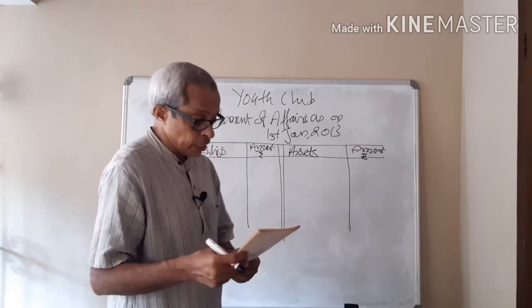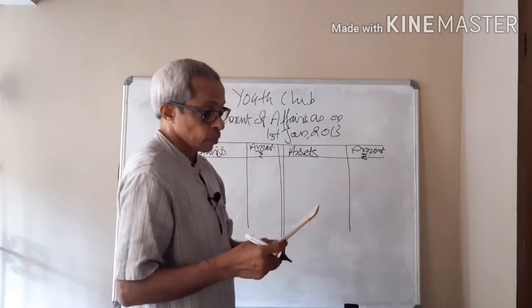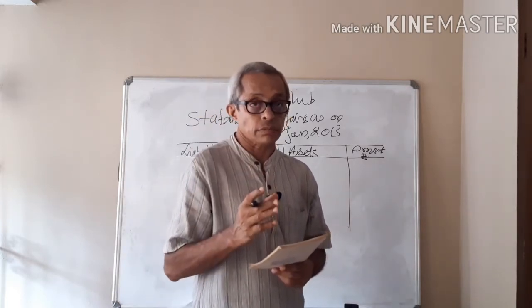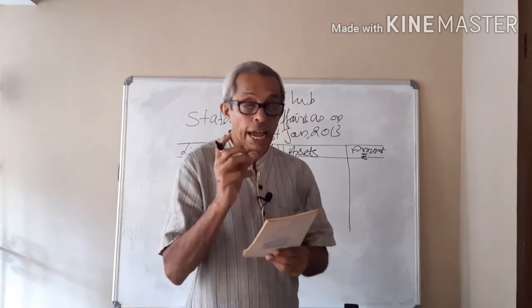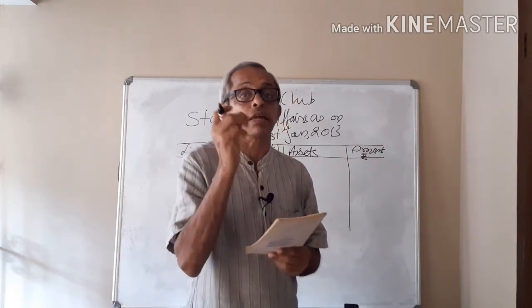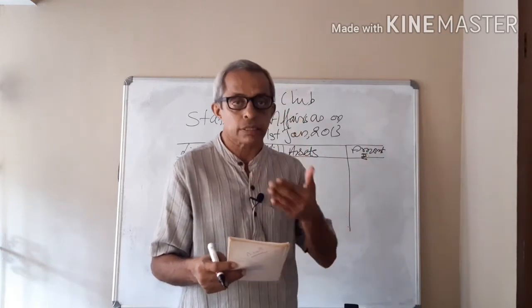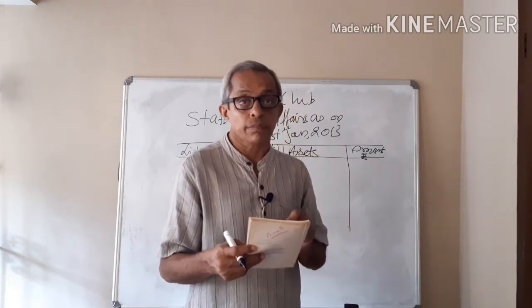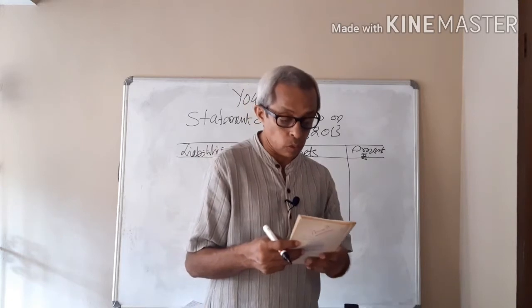The first item is on the asset side. We shall look into the asset side first. The first item to be shown on the asset side is cash balance and the bank balance. That opening cash balance and opening bank balance is given as the first item on the receipt side of receipts and payments account.